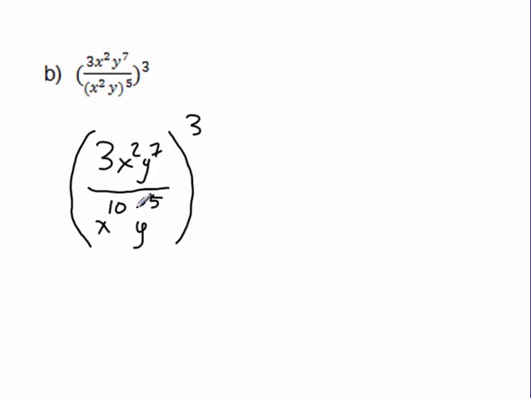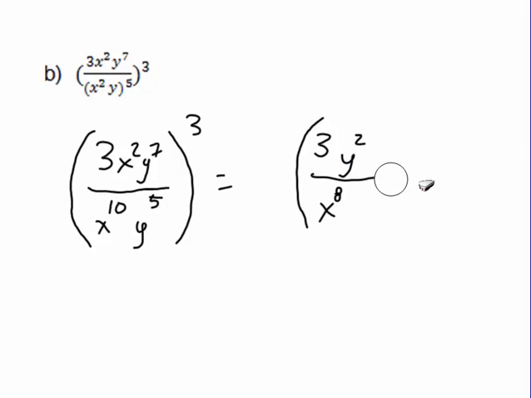Again, working our parentheses first, this x squared over x to the 10th, that reduces. So I'm going to have 3, and my x is now going to be x to the 8th in the denominator. Right? 2 minus 10 is negative 8, so it's going to go in the bottom. 7 minus 5 is 2, so I have y squared up here.